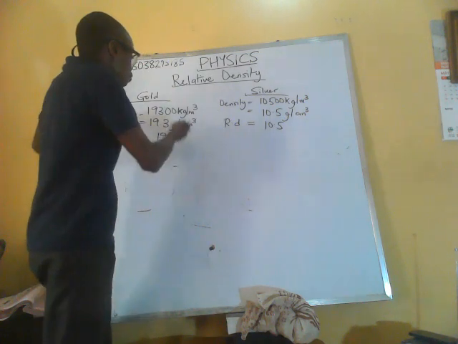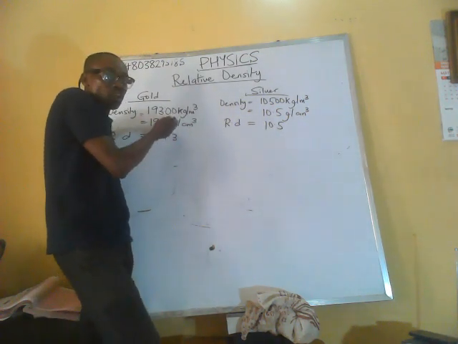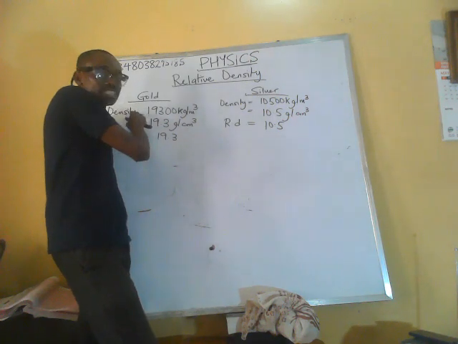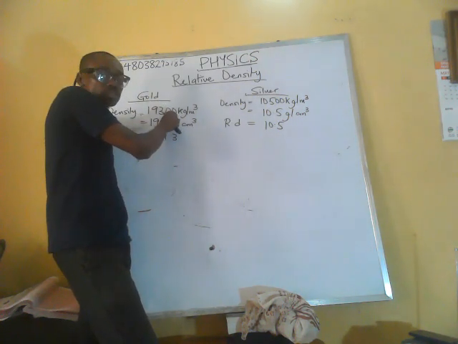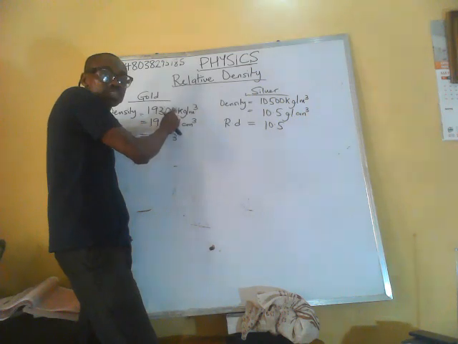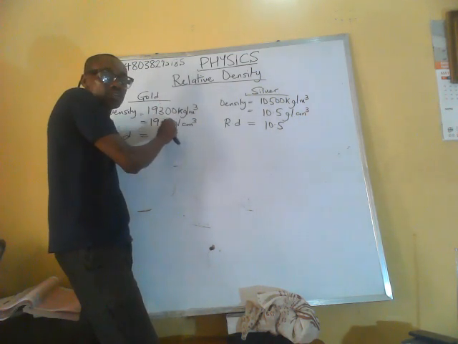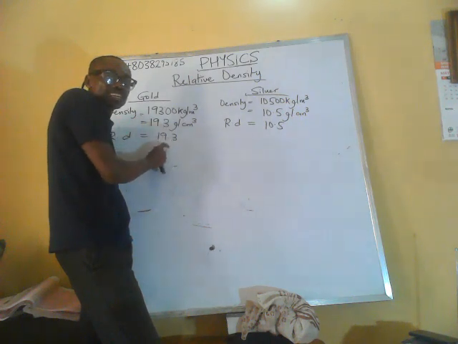Looking at these values, if you compare, you will discover that when you divide the density in kilogram per cubic meter by 1,000, it lands you on the density in gram per cm cubed. And when you remove the units from the density in gram per cm cubed, it lands you on the relative density.